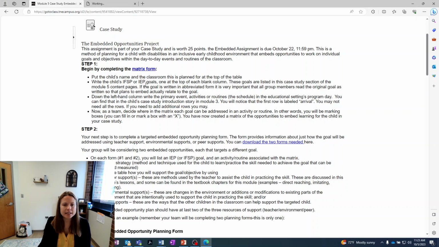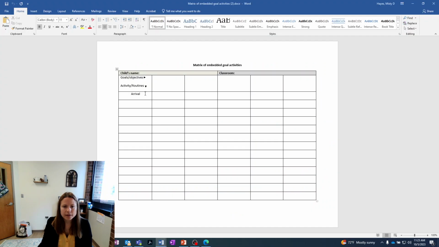Then the IEP is the Individualized Education Plan. So it's going to depend on what age level your case study child falls under, which one you'll have. And you will put that at the top of each blank column. So you'll see here, it'll be at the top of each column.